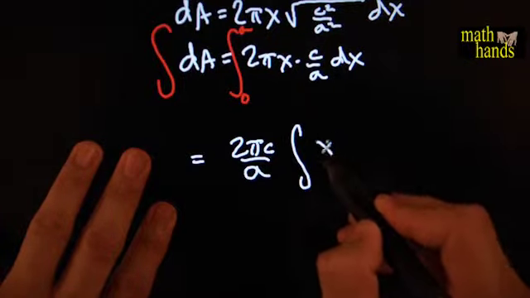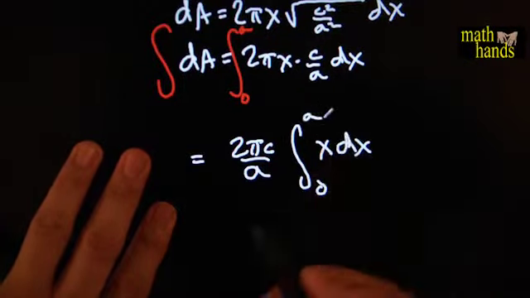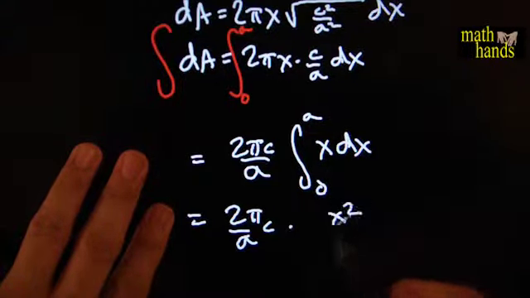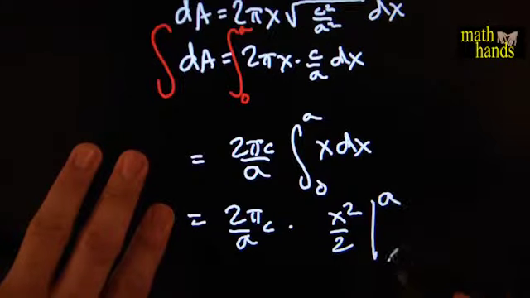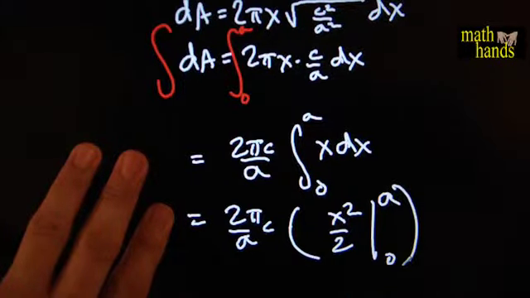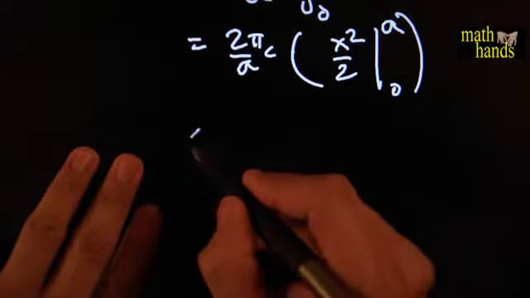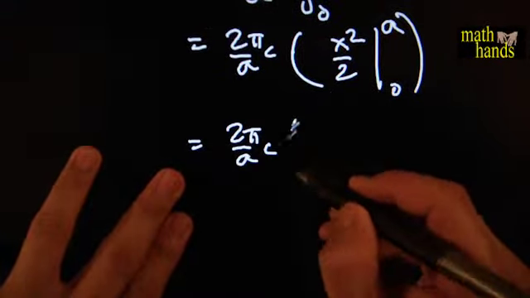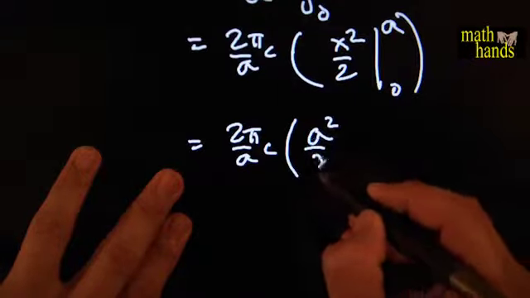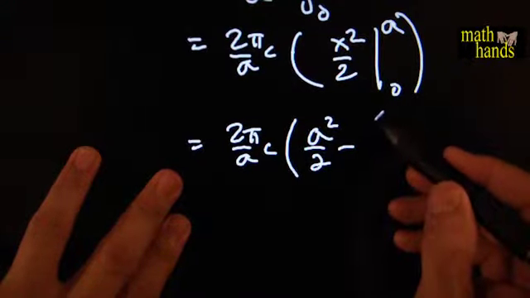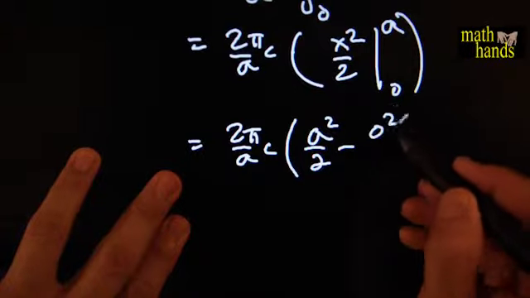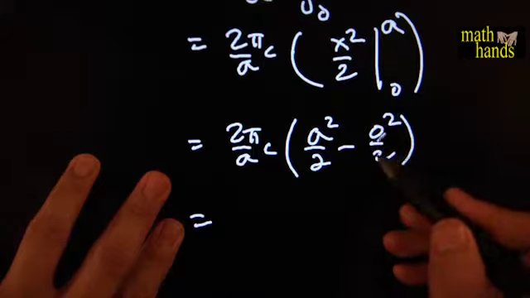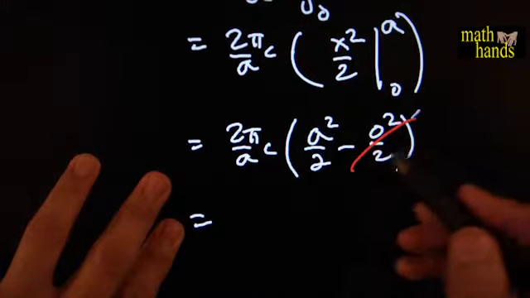And that would simply leave x dx there from 0 to a, which would turn into 2 pi over ac times x squared over 2, going from 0 to a, which would of course turn into 2 pi over ac times a squared over 2 minus 0 squared over 2, which would of course be, this goes away, so you can forget about that. It's a 0.